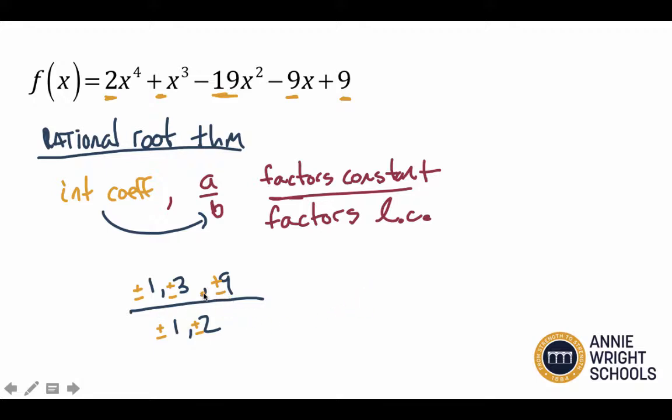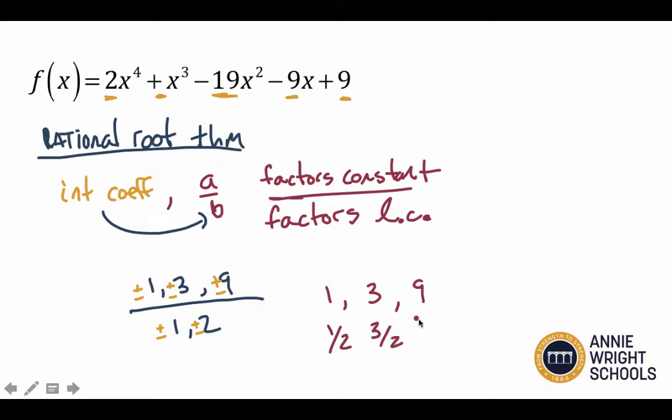And now what we do is we list from this here, we can list all the possibilities. 1 divided by 1 is 1. 3 divided by 1 is 3. 9 divided by 1 is 9. 1 divided by 2 is 1 half. 3 divided by 2 is 3 halves.